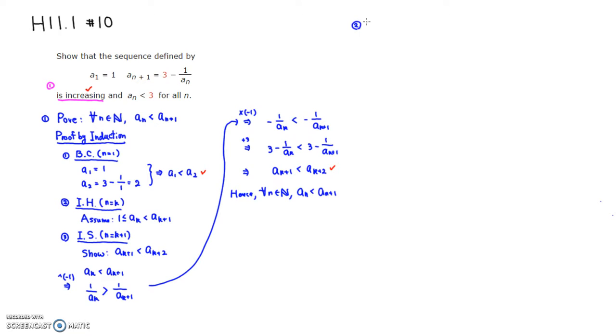We need to prove that for all natural numbers n, a_n is bounded above by 3. So let's apply induction here. Proof by induction.